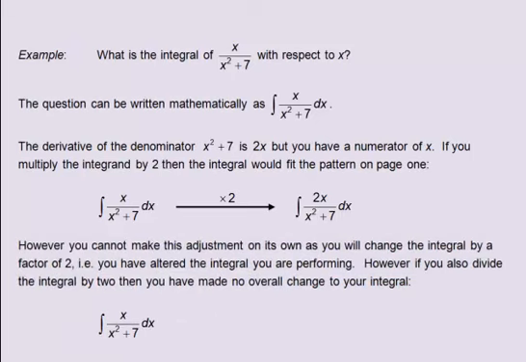The integral of x divided by x squared plus 7 dx. If you multiply by 2 and divide by 2, you get 1/2 of the integral of 2x divided by x squared plus 7 dx.